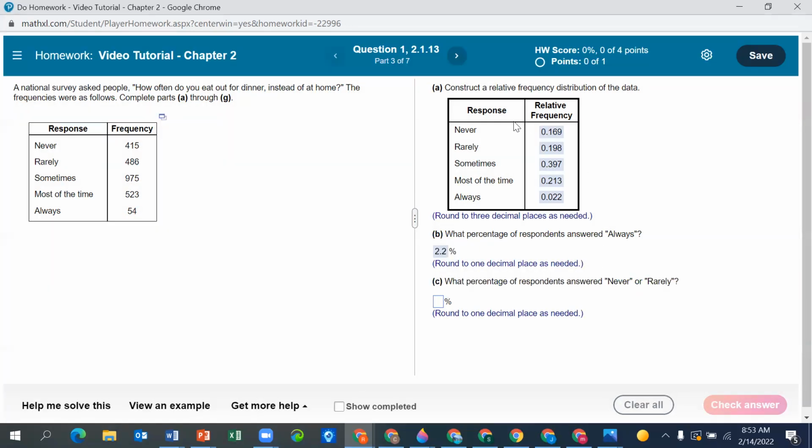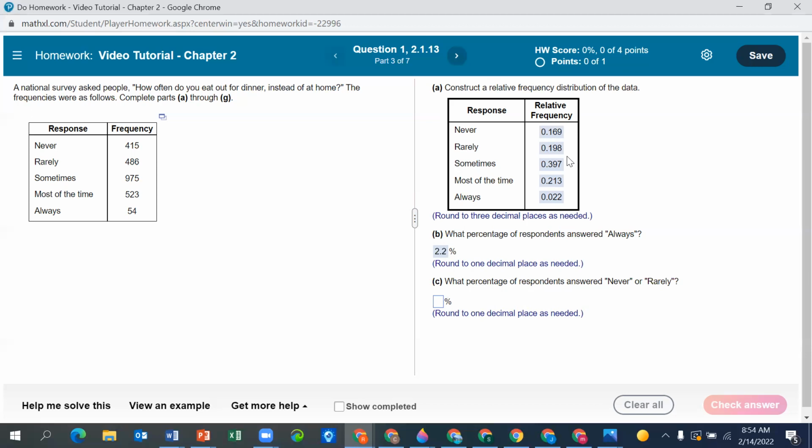So again, relative frequency, you can turn it into a percentage by moving the decimal two digits to the right. What percentage of respondents answered never or rarely? Never or rarely. So I have 0.169, 0.198. What you're going to be doing is adding those values and then writing them in decimal form.